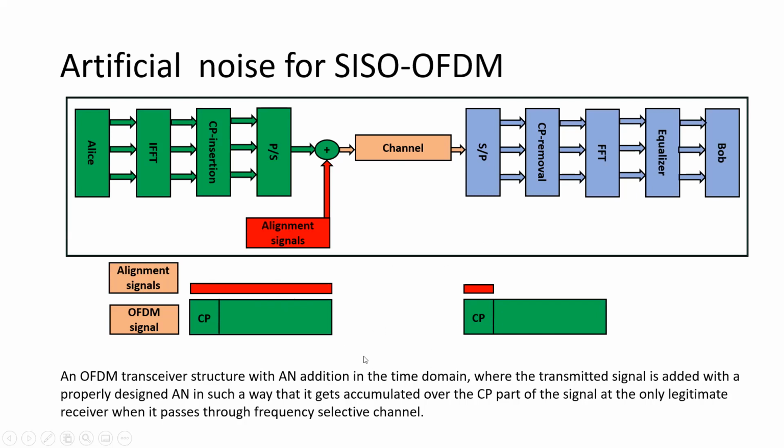On the other hand, at the attacker side, it will spread onto the whole signal. The CP is discarded anyway. So the design principle, as we explained earlier, is that artificial noise is added in such a way that it will hurt the illegitimate node without hurting the legitimate node.